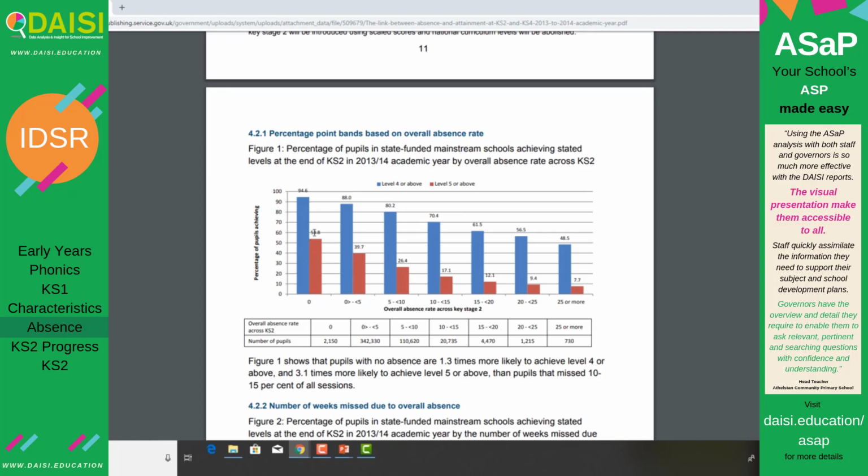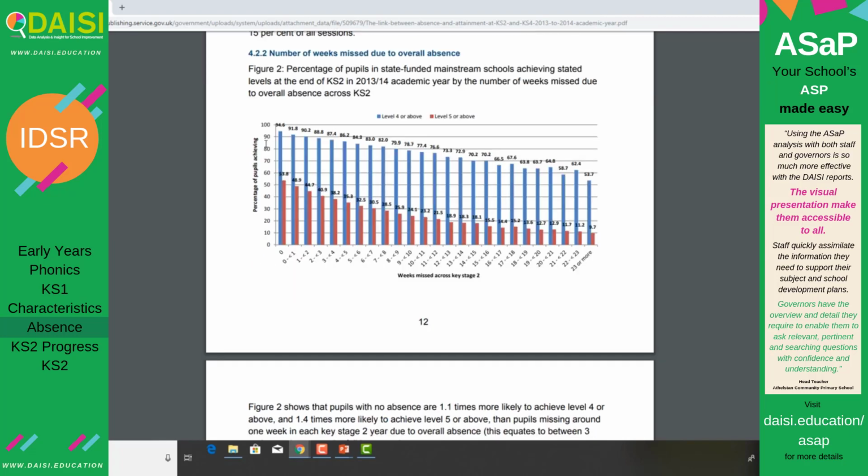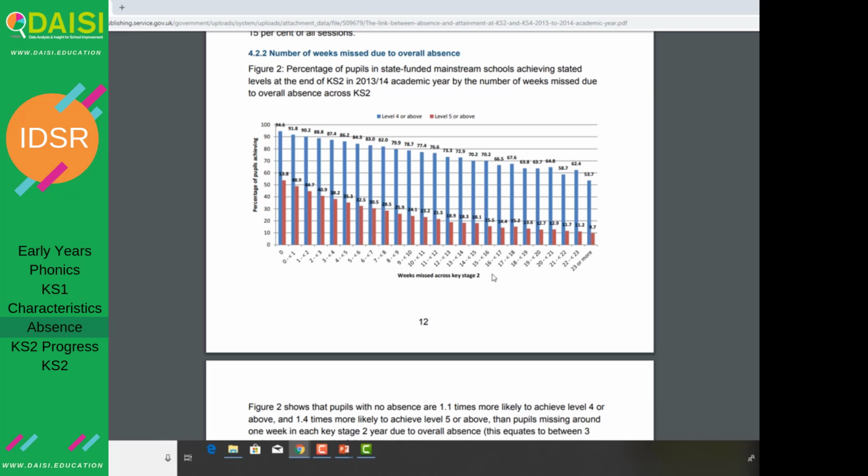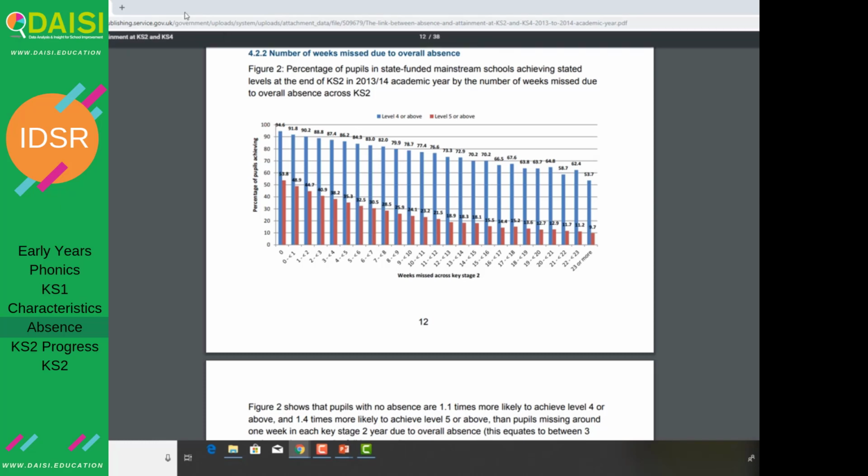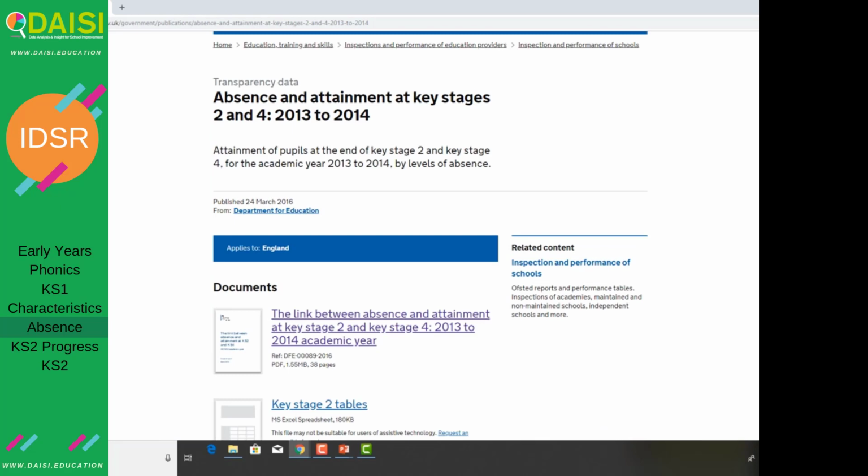So you notice 53% for those who didn't miss any, and then 40% for those who missed at least 1%, or fractionally above 0%. And you can see slightly further down that this correlation continues even if you break it down a bit further. These are the number of weeks missed. So if you need evidence as to the link between absence and attainment, then please have a look at this document. So these are some points to ponder on absence and exclusions.